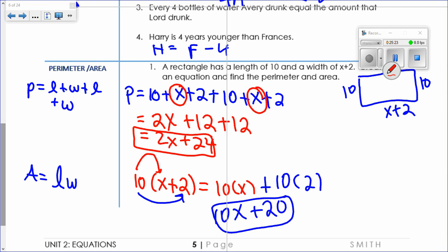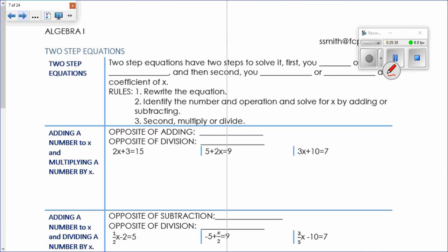Flip the page, we're going to do 2-step problems. And then you're going to do the notes, and I'm going to pass out your test. You're going to come ask some questions if you need to. So 2-step equations have 2 steps to solve. So far, we've only been adding or subtracting, multiplying or dividing.